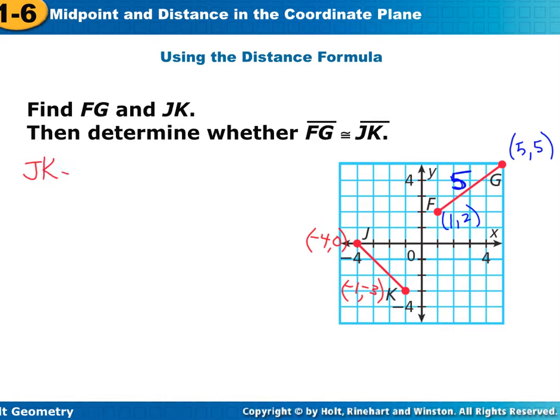JK's length. Figure out which you want the 1's to be and which you want the 2's to be. I'm going to do x1, y1, x2, y2. So I did negative 1 minus negative 4 squared, negative 3 minus 0 squared.